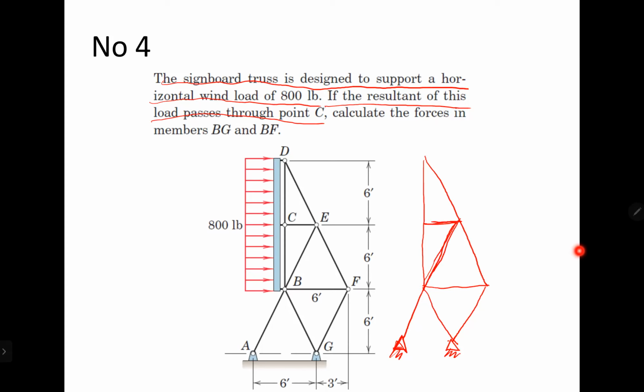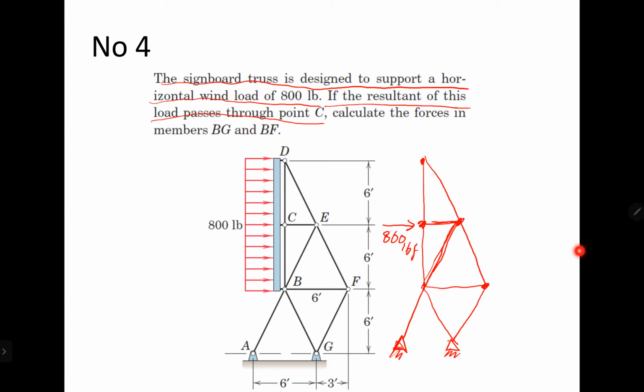And all the forces are supposed to be going through only one point. You get this, right?